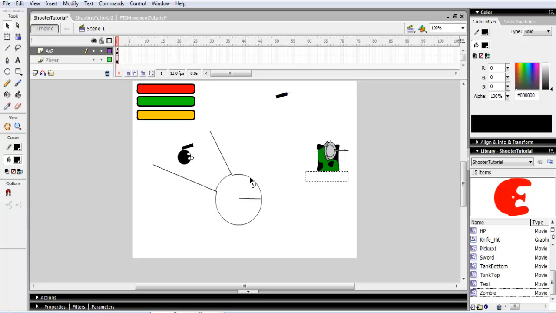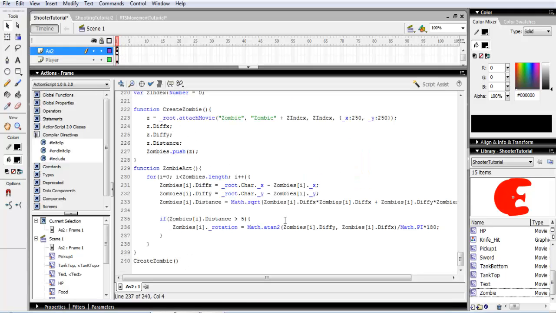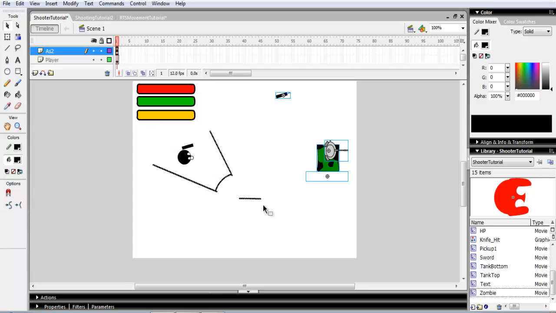So it measures how many radians there are between that point and that point. Two random points, I think. It might be two points from like the player. Then it divides it by pi times by 180, which is the formula for turning radians into degrees, and then it changes it into degrees, hence facing like 180 degrees, 90 degrees, facing the way you want.